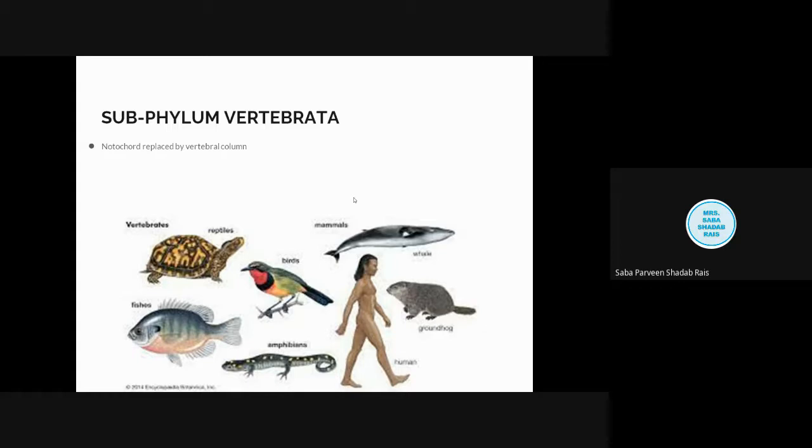Notochord is nothing but a tube, a caudal tube region. In the earlier cases, we have seen that the nerve cord is present on the dorsal side or the ventral side of the notochord. But in the case of vertebrates, their nerve cord will be covered by the vertebral column.